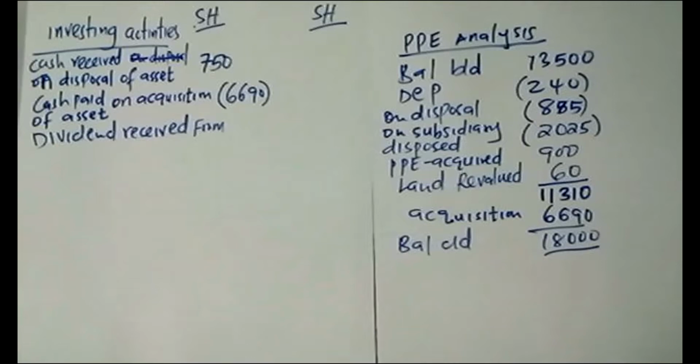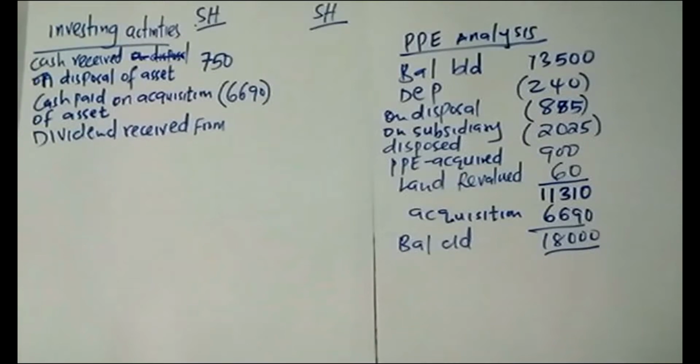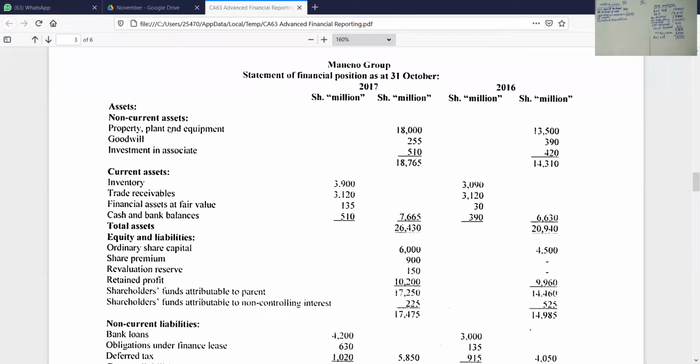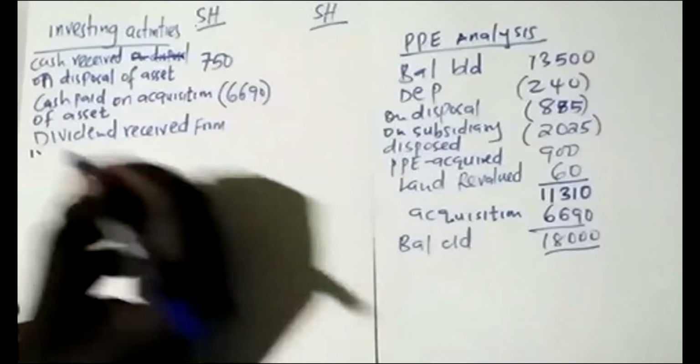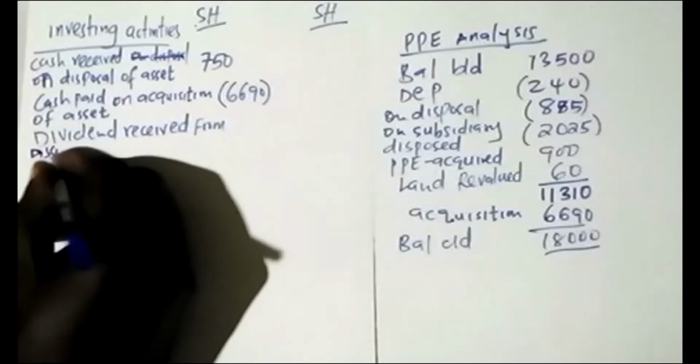How can you determine whether it's an associate or a joint venture? You go to your non-current assets and check if there's an investment in associate or investment in joint venture. Under your non-current assets, there's an investment in associate, which means there is a dividend received from associate.